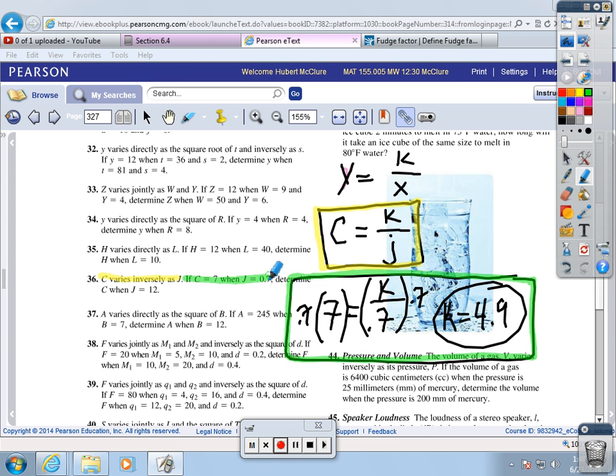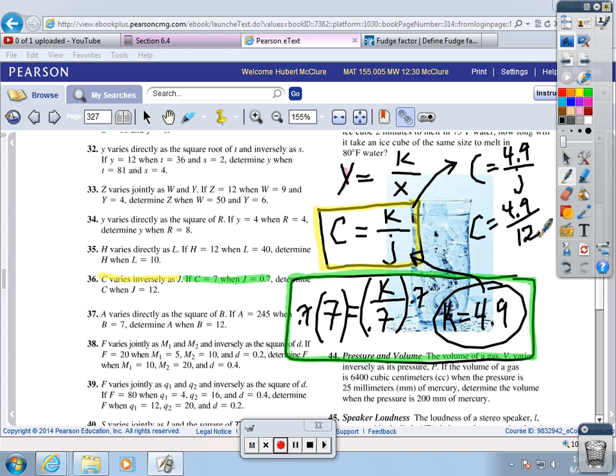Now, once we find k, what do we do with it? Look back in the formula, Hubert. That's right, class. And now we've got C is equal to 4.9 divided by what? Oh, no, divided by J. And J is what? 12. C is equal to 4.9 over 12.